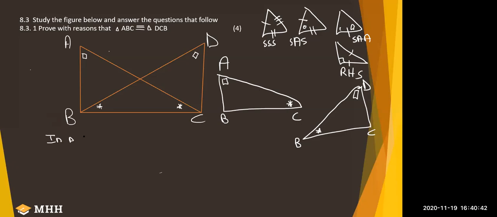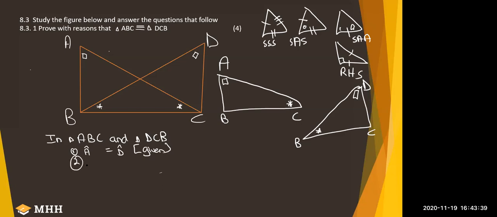So in triangle ABC and triangle DCB. Could you see the three things? In triangle ABC, I'm going to say that angle A is actually equal to angle D. Why? Given. Right, I've got that one.